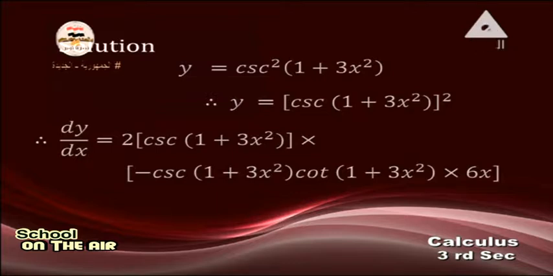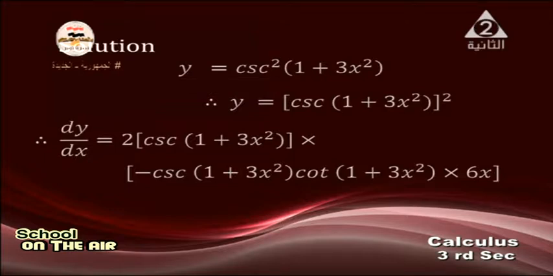The derivative of 1 plus 3x power 2: derivative of 1 equals 0, and the derivative of 3x power 2 equals 6x. Then the derivative of the angle is 6x.